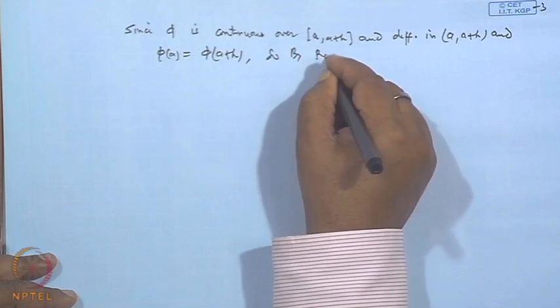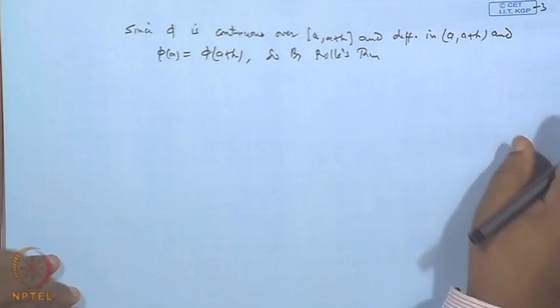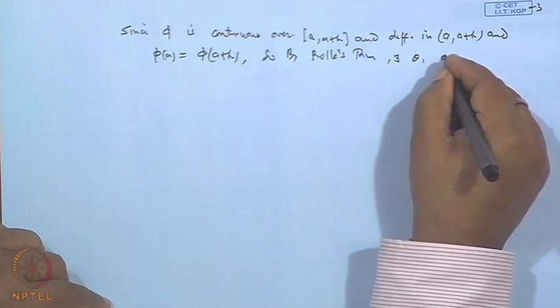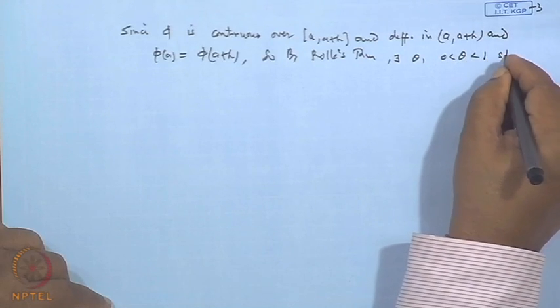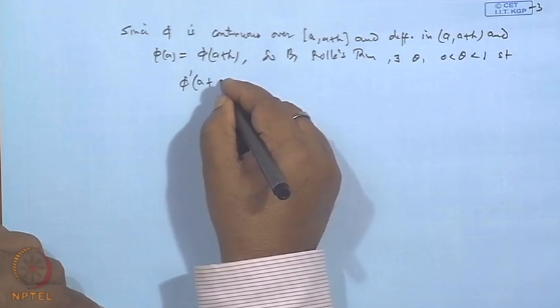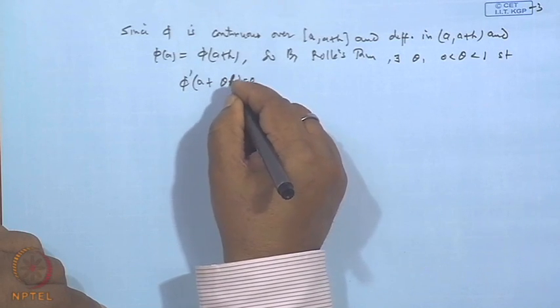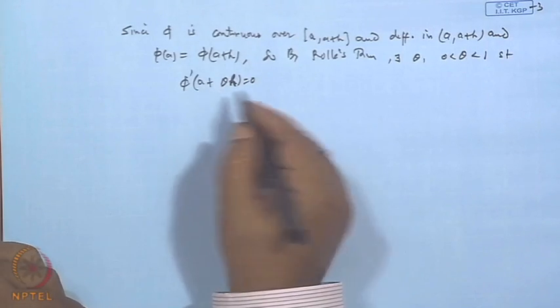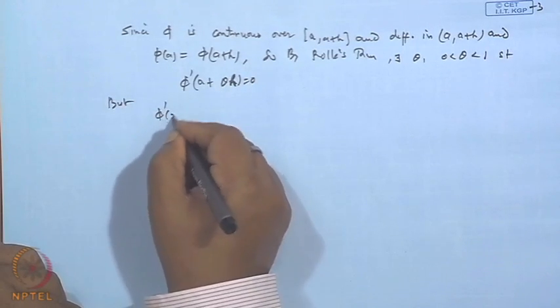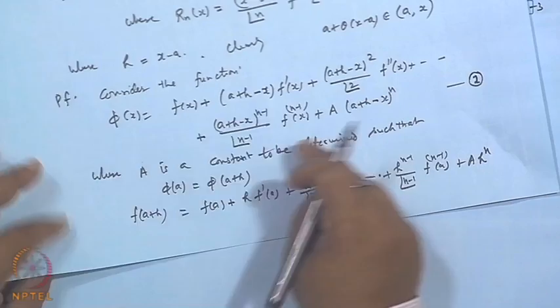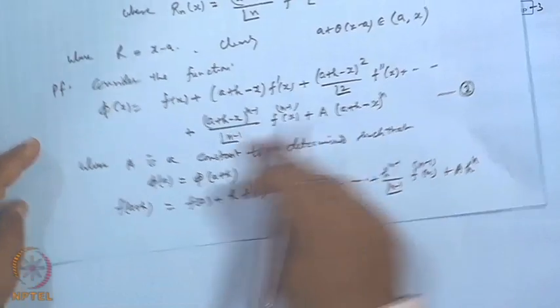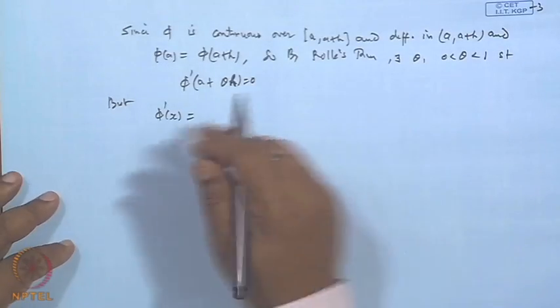So, by Rolle's theorem, there exists a point c, so there exists theta lying between 0 and 1 such that the derivative of the function at the point a plus theta h is 0. So, a plus theta h is a point lying between a and a plus h. But what is phi prime(x)? If we just differentiate it, many terms get cancelled, telescopically, and only one term remains.